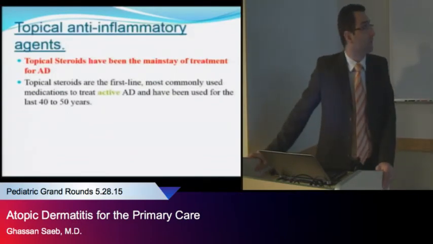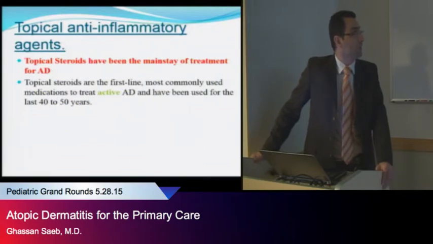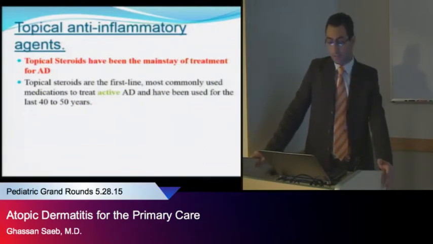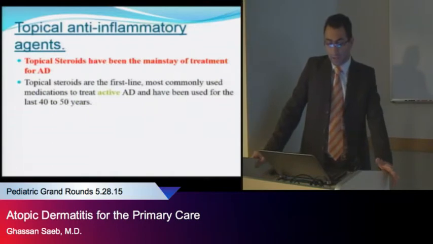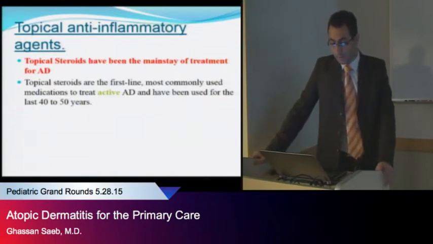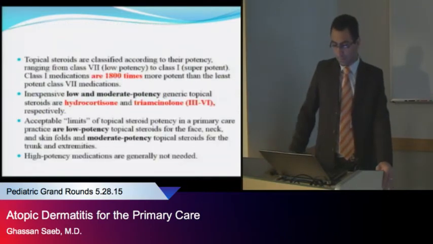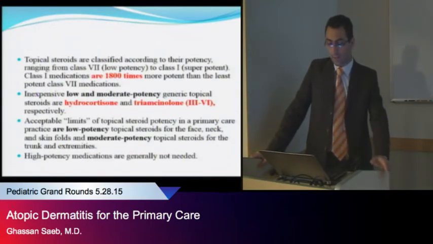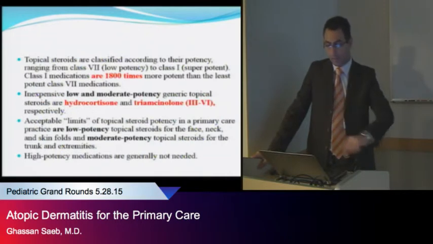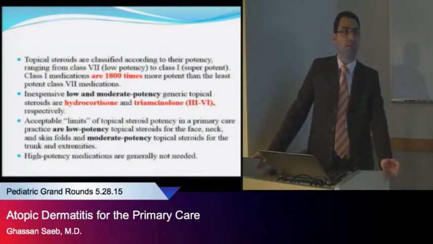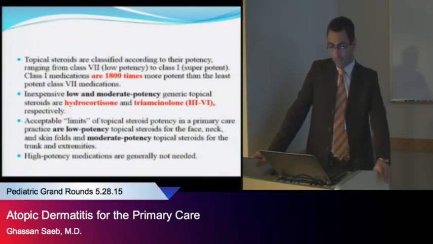So, topical anti-inflammatory medications. Topical steroids have been the mainstay of treatment for atopic dermatitis. They are the first line, most commonly used medication to treat active atopic dermatitis and have been used for the last 40 to 50 years. Topical steroids are classified according to their potency and the vasoconstrictive ability of the drug from class 7 to class 1.